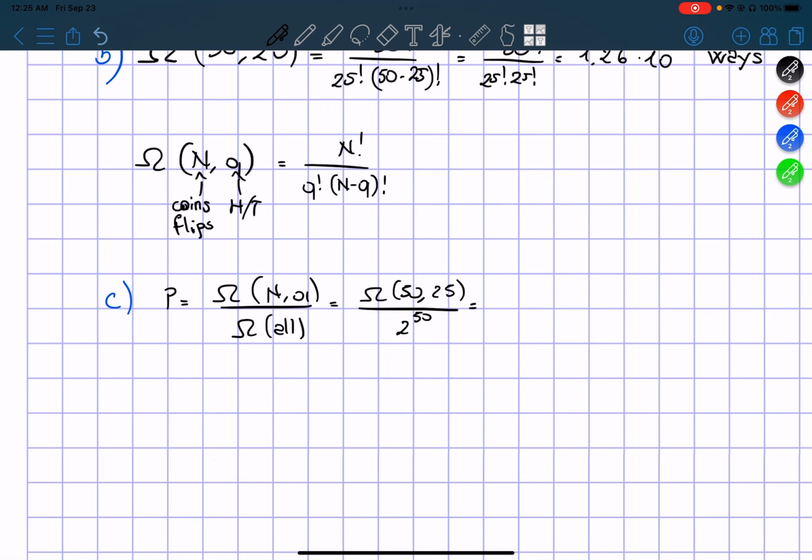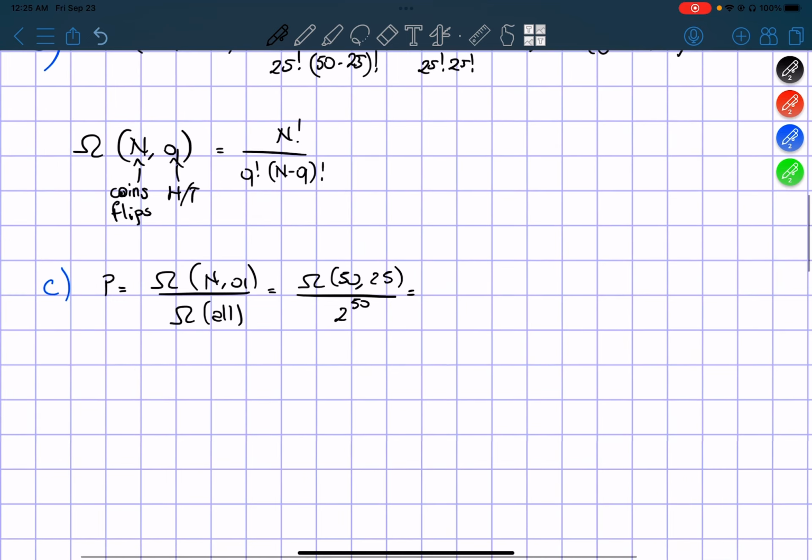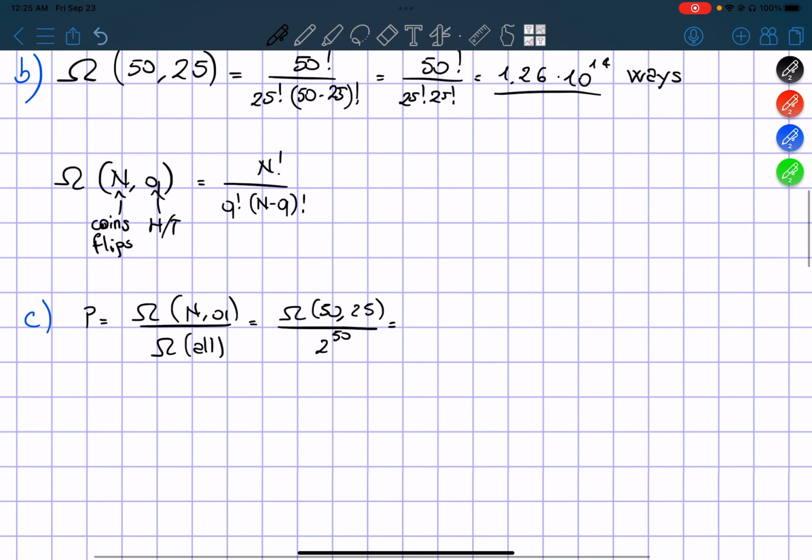On top we had 1.26 times 10 to the power of 14, over 2 to the power of 50. You can just plug it inside the calculator and we obtain 0.112. This is the probability of getting 25 heads and 25 tails with 50 coin flips.